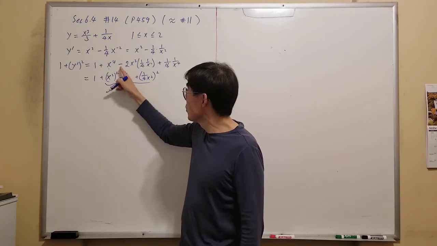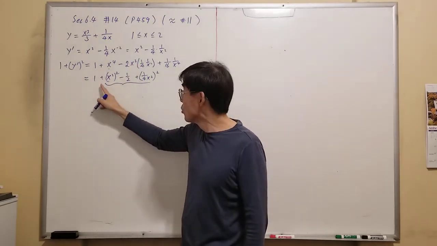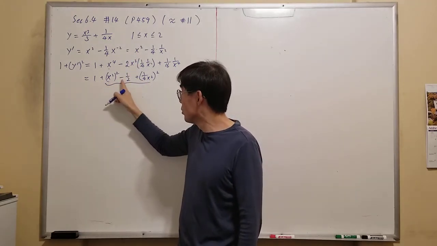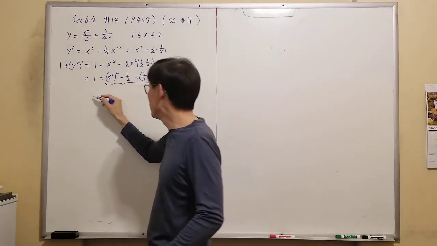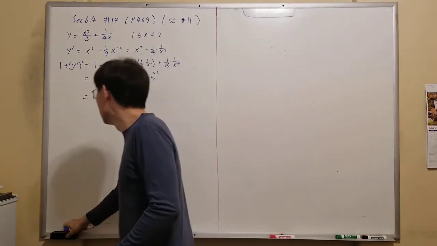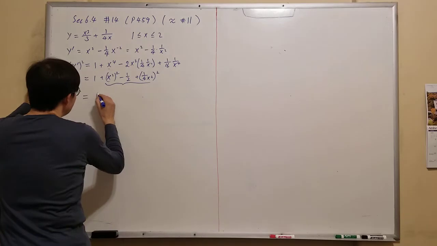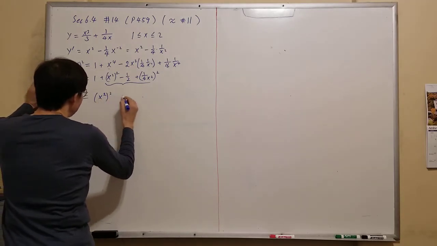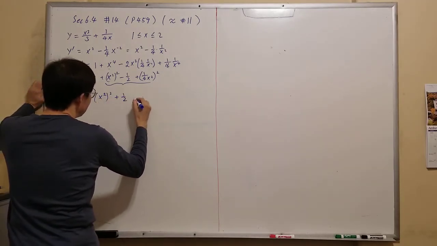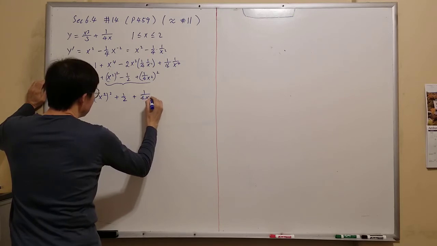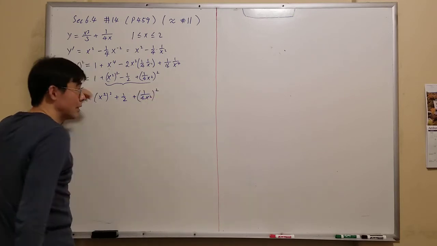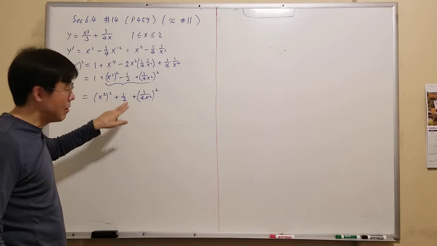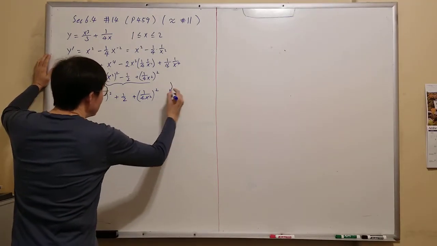Now, this one was chosen carefully so that this plus 1 will change minus 1 half to positive 1 half, right? And this is the key step, 1 half. This is the most important step.